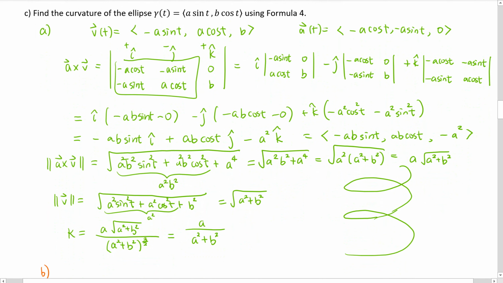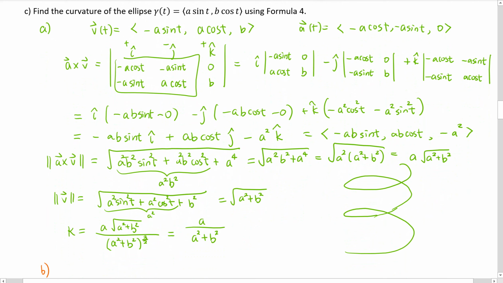Furthermore, you can see on the helix that at each point the curvature is the same, just like our previous example of the circle, where the curvature at each point is the same. That's why it's not a function of t. The curvature is constant because of the shape of the curve. It has constant curvature at each point on the curve.